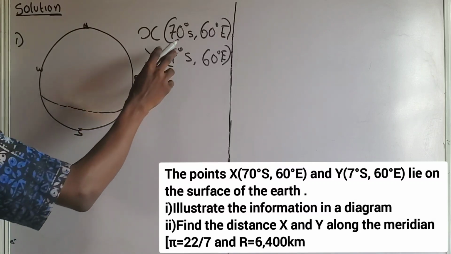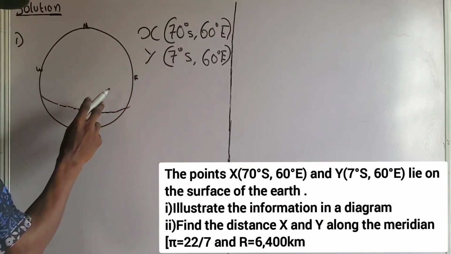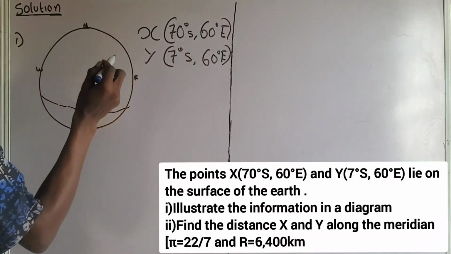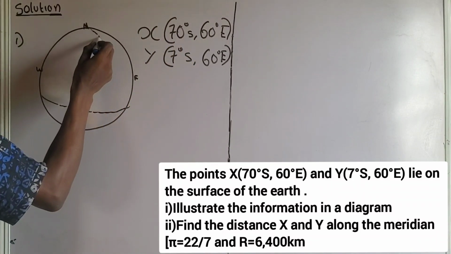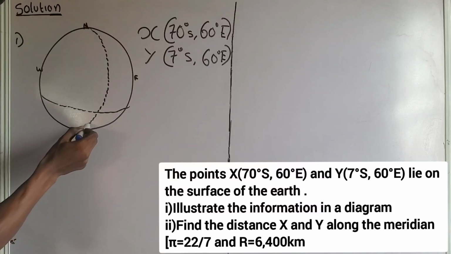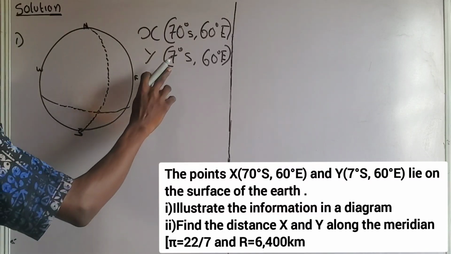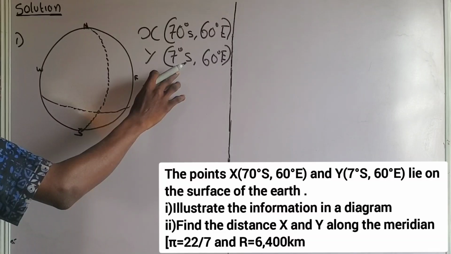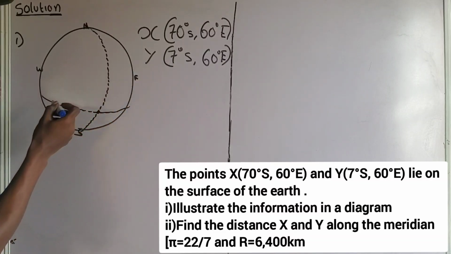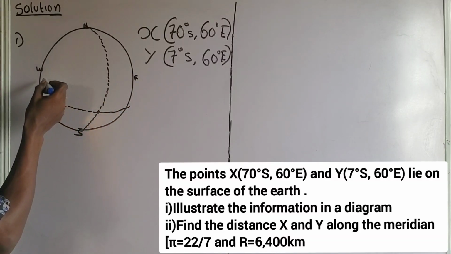For X, we have 70 degrees south, 60 degrees east. So east will be somewhere around here. Okay, this is the point. Now for Y, we have 7 degrees south. 7 degrees south will be around here.